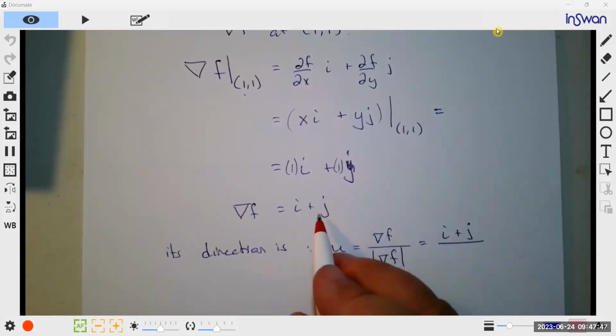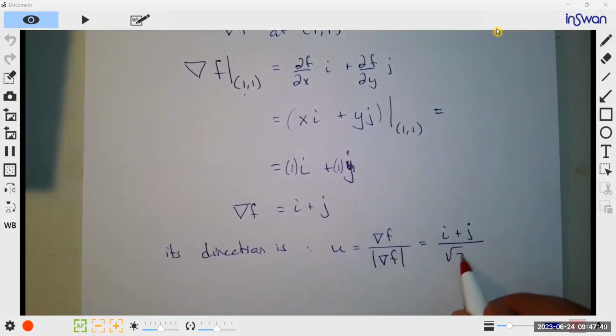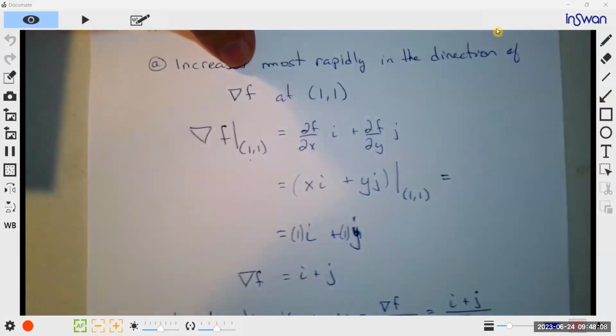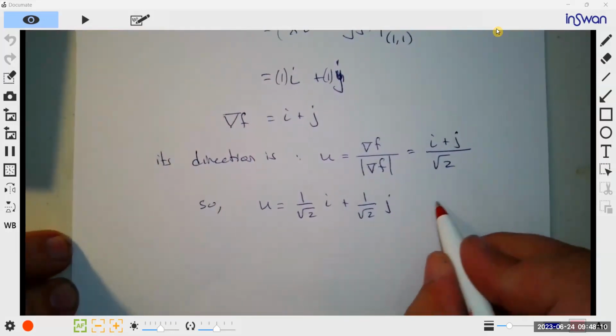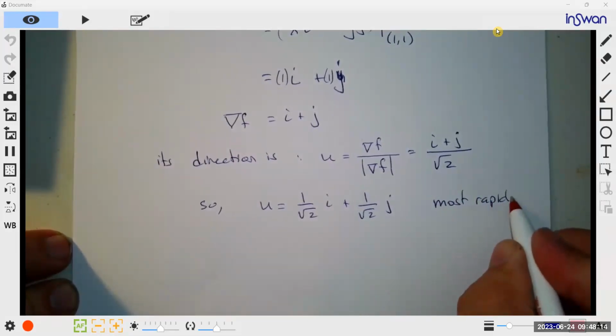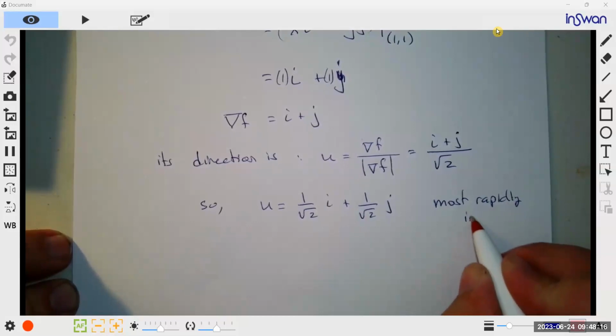The magnitude is the square root of 1 plus 1, square root of 2. So u is 1 over radical 2 i plus 1 over radical 2 j. That's when it's increasing most rapidly.